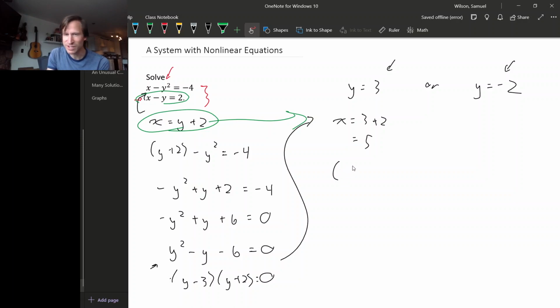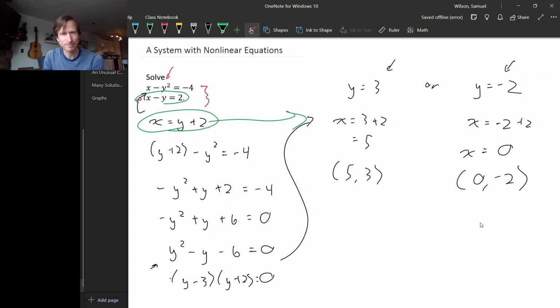So one solution is (5, 3). And when y is minus 2, we get x is y, which is minus 2, plus 2, so that's 0. Okay, so this gives us a solution (0, minus 2).